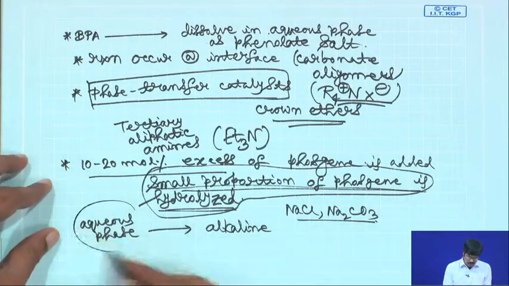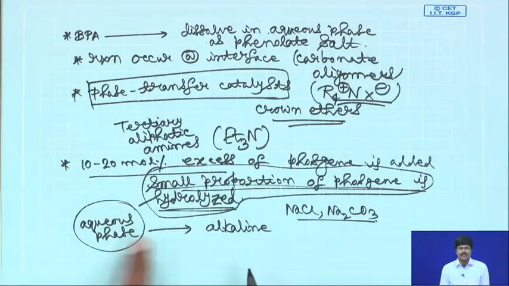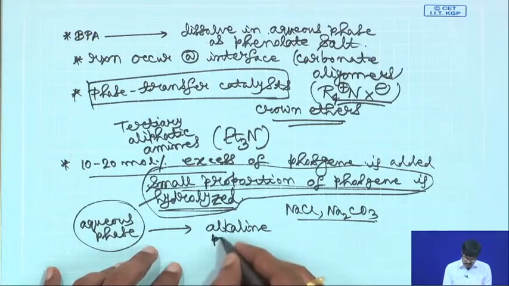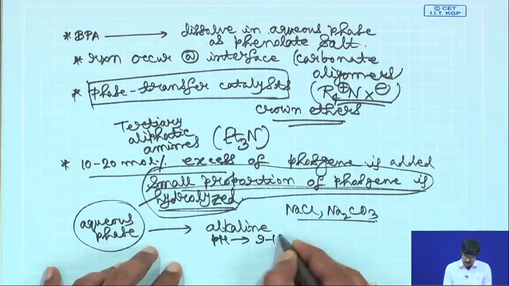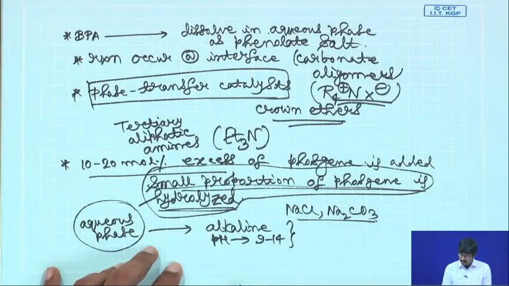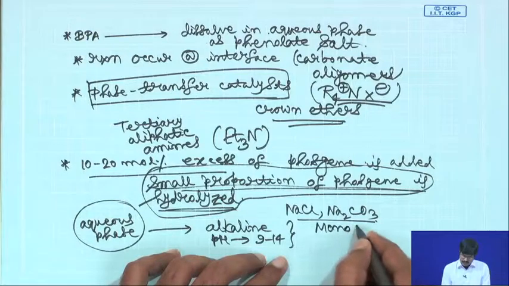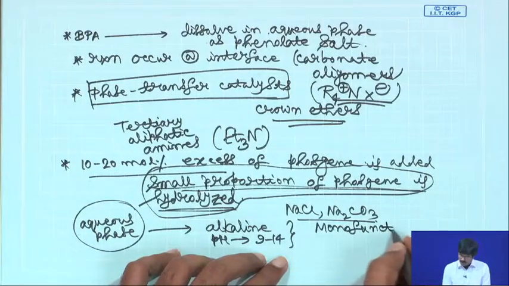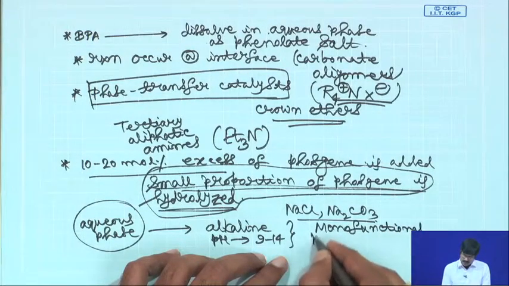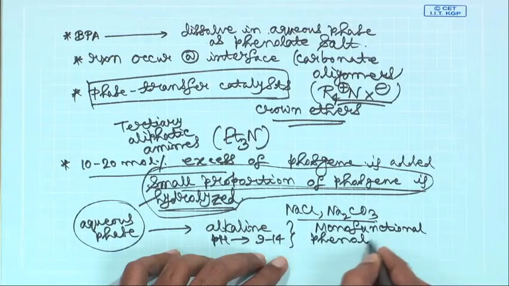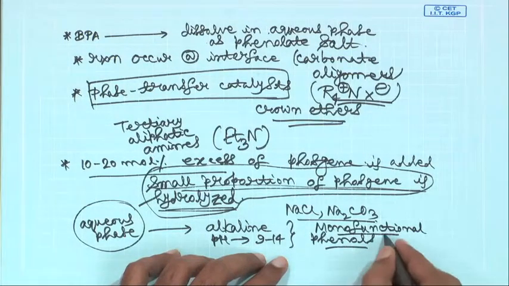So, you make sure that the aqueous phase remains alkaline, so that the pH is in the range of 9 to 14 during the course of the reaction, and monofunctional phenols can be used as chain terminators to control the molecular weight.